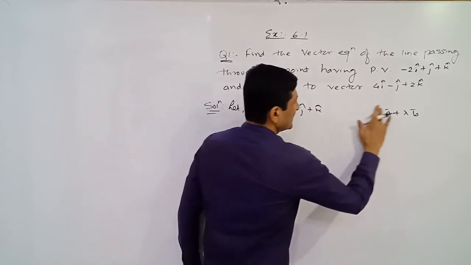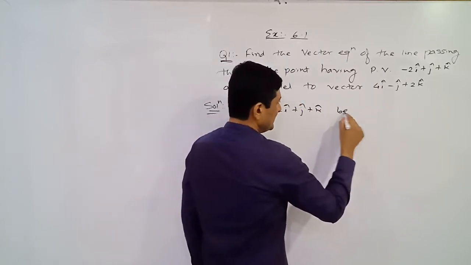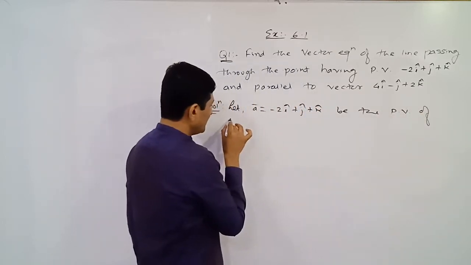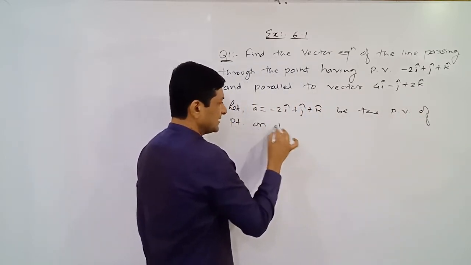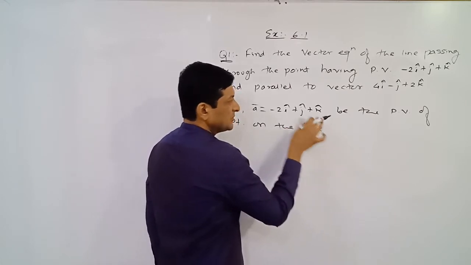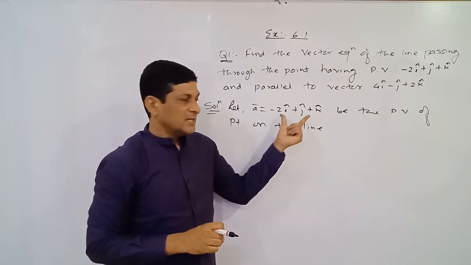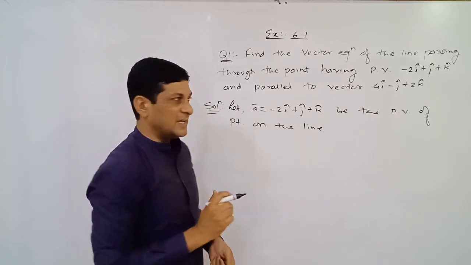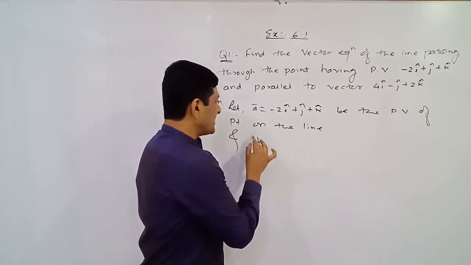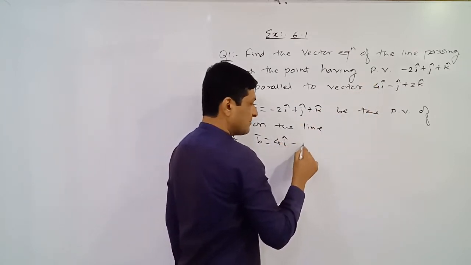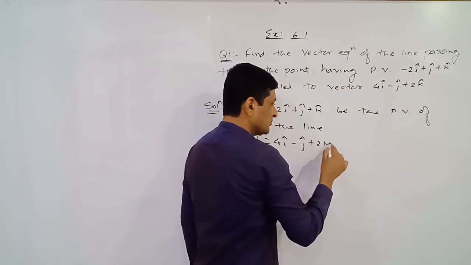This is the position vector of the point on the line. It is already given to us that this is the position vector of a point on the line. We have simply denoted it by a bar. And let us denote this vector by b bar. b bar is equal to 4i cap minus j cap plus 2k cap.